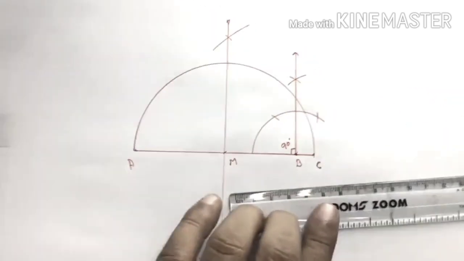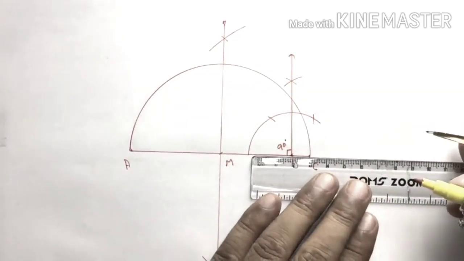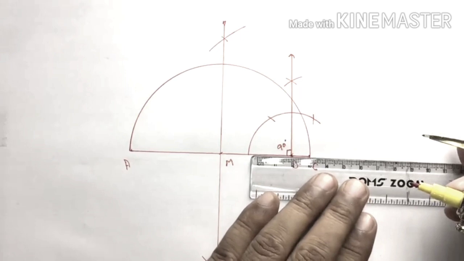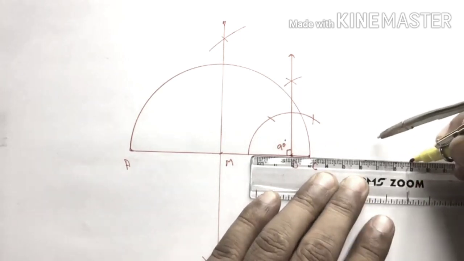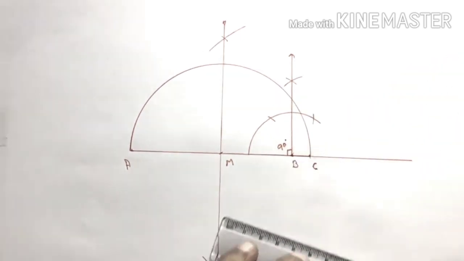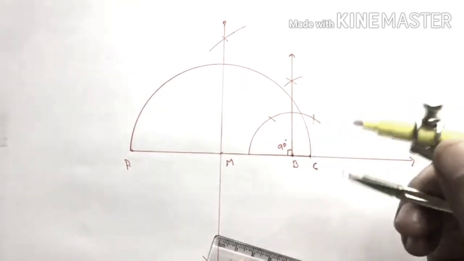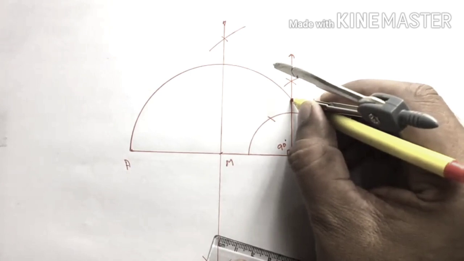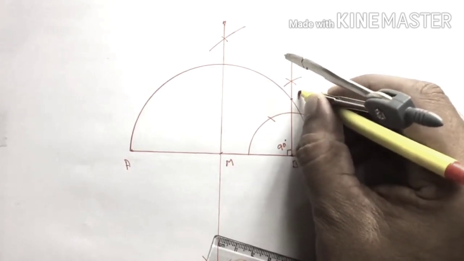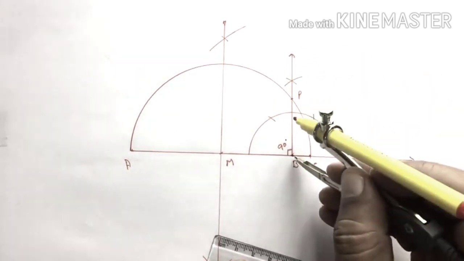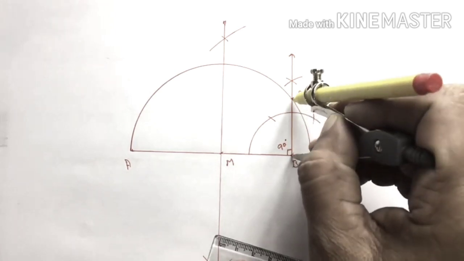Again, extend the line segment AC up to any length. Label the point P, and take BP as the radius and B as center.